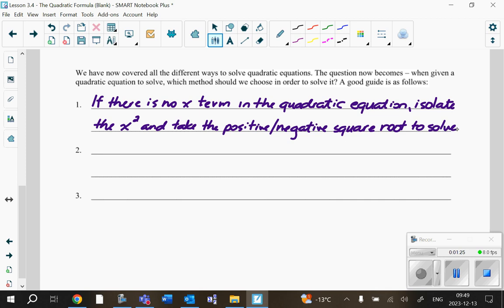So that means it's going to look something like this. Or there could be a number here, who knows? But there's no x term. Okay?